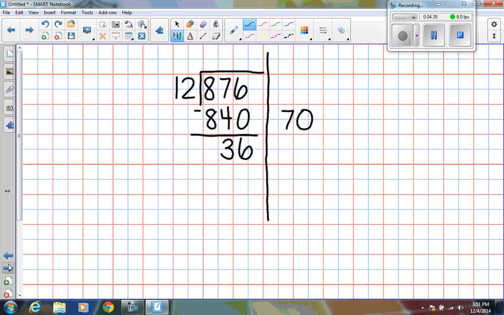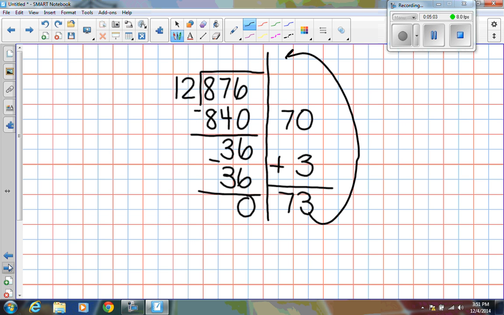Well, I know that 12 times 3 is 36, so I'm going to pull 3 out and multiply 12 times 3 to get 36. Subtract, I get a difference of 0, so I have nothing left to take 12 out of. So my last step is to add the numbers I pulled out, which gives us a total of 73. And then I would take my number and write it on the top of where my division problem goes.